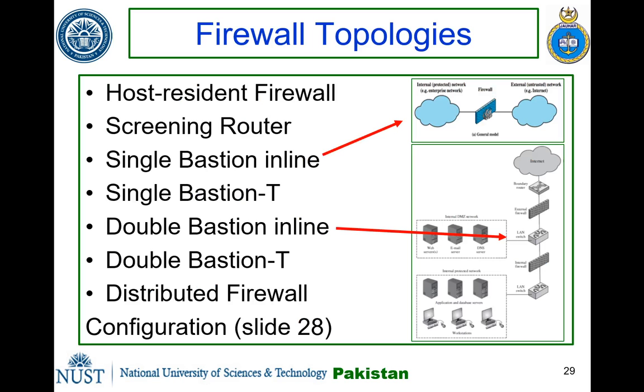We can now summarize the discussion from our previous slides to define a spectrum of firewall locations and topologies. The alternatives as flashed on this slide can be identified as host resident firewall, screening router, single bastion inline, single bastion T, double bastion inline, double bastion T, and distributed firewall configuration.